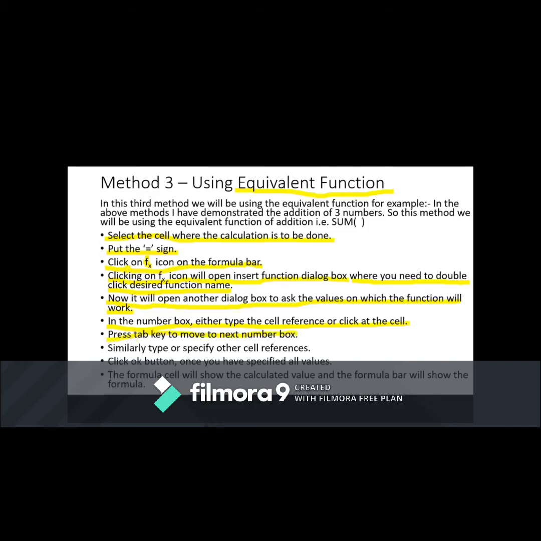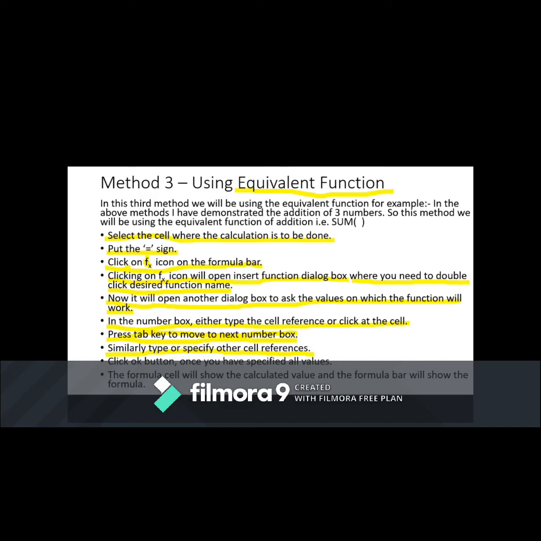The next number box will be the number which I am going to use in the calculation as the second number. Similarly, type or specify other cell references, any number of cells. Suppose I have to add 5 numbers, so I'm going to use 5 cell references over here by using the tab key.